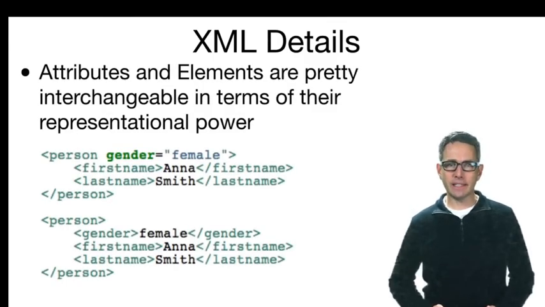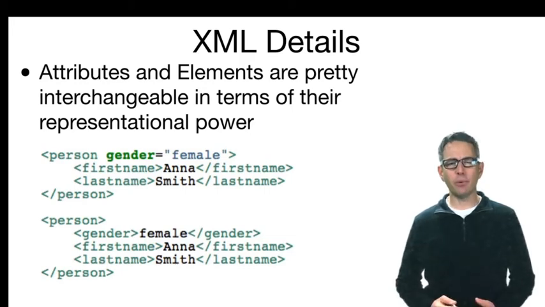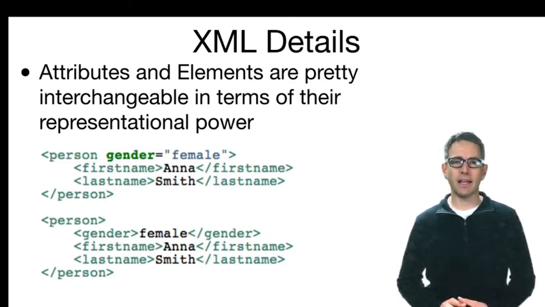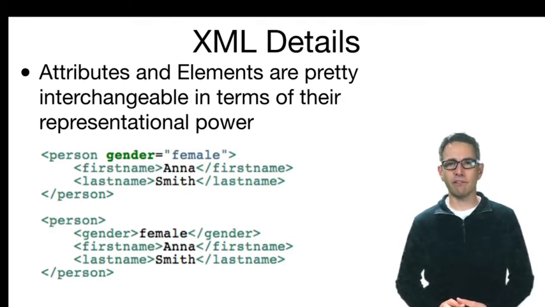Finally, as I mentioned previously, attributes and elements are pretty interchangeable in terms of their representational power. So take this example of trying to represent a person whose first name is Anna and last name is Smith. If you would also like to capture her gender within the data of this XML document, you could either do it by assigning an attribute called gender to the person tag and setting that equal to the string female, or you could do it by eliminating the attribute and adding a new child tag to the person tag.